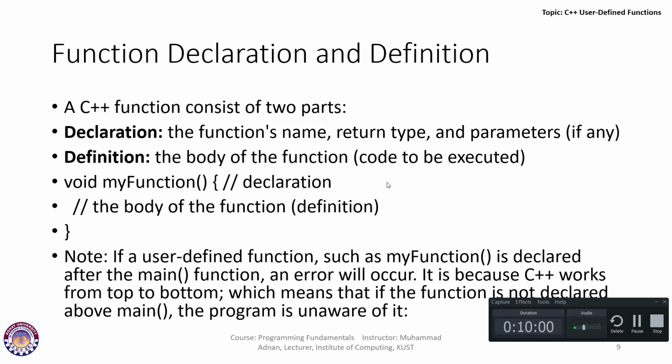Here is an example: void my function and then curly braces. Void my function is the function declaration, whereas where you define the instructions of the function, this is called the function definition, the body of the function.